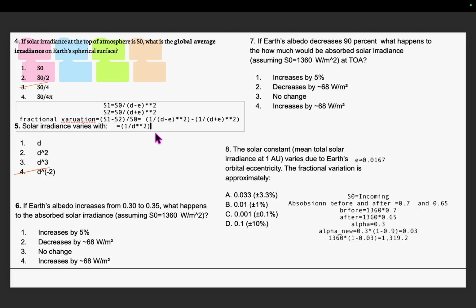This binomial expansion gives 1 plus 2e by d minus 1 minus 2e by d.